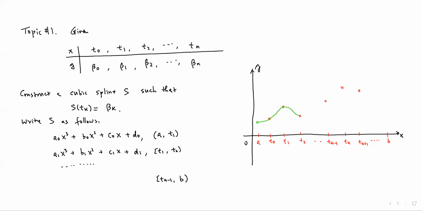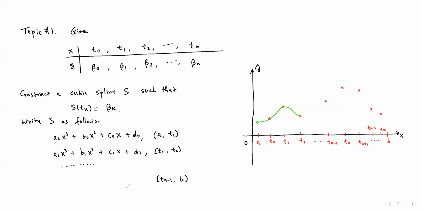This is t(n minus 1), then tn here. The points from this table, say here.